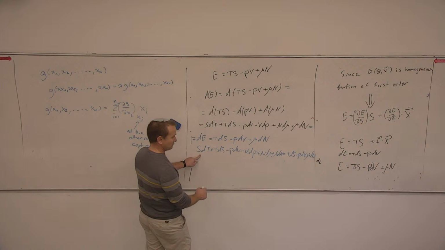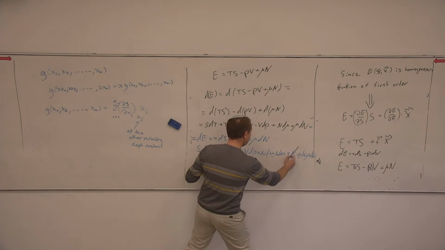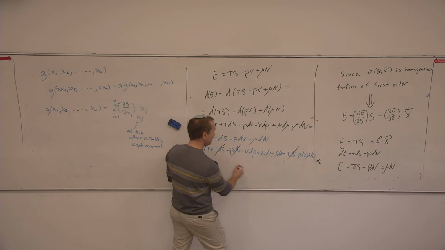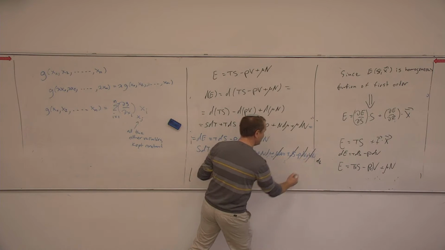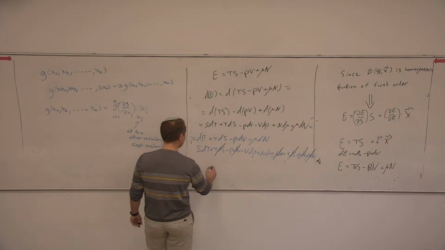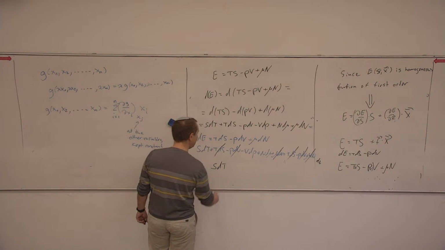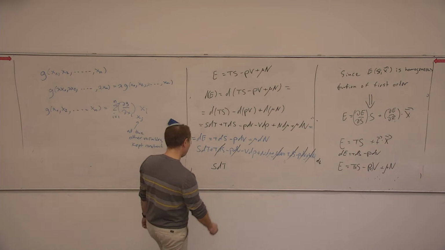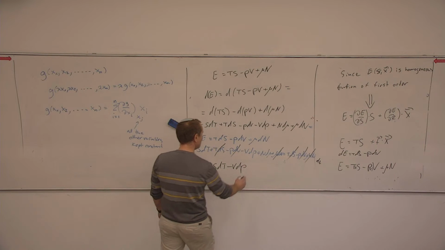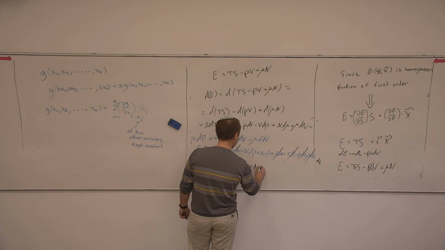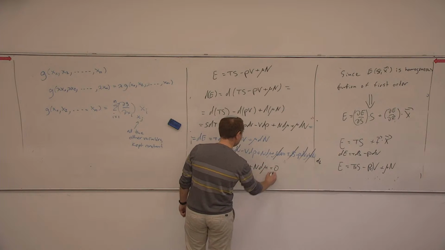S dT, it's fine. TdS, TdS, minus PdV, minus PdV, plus mu dN, plus mu dN. And eventually we are getting to S dT minus V dP plus N d mu equals 0.